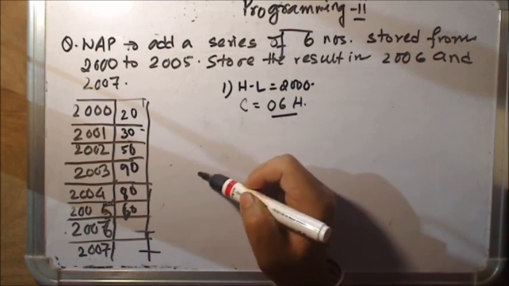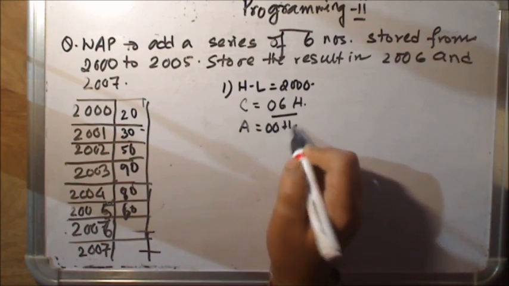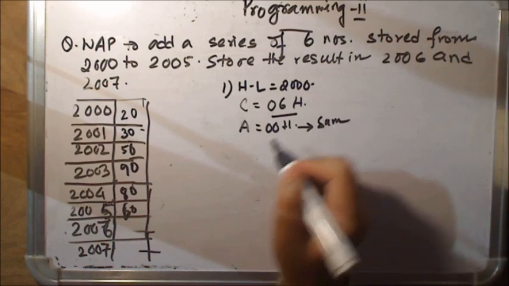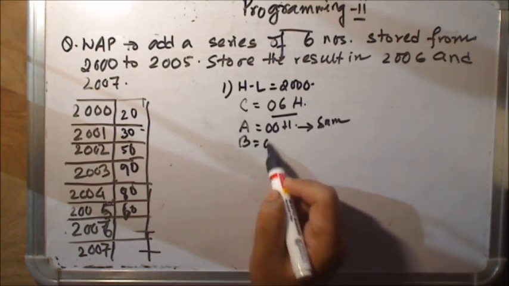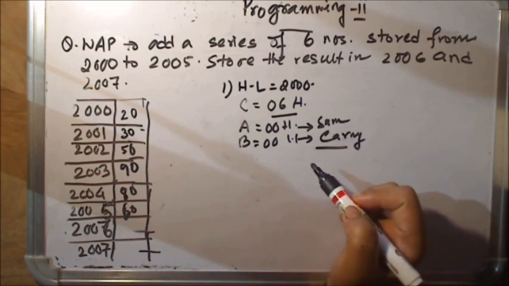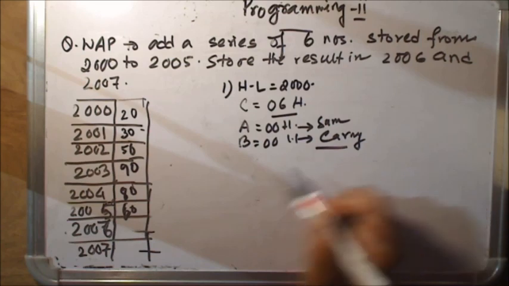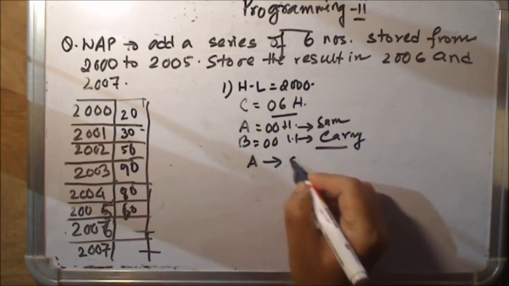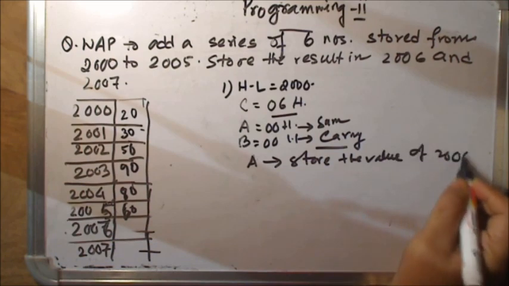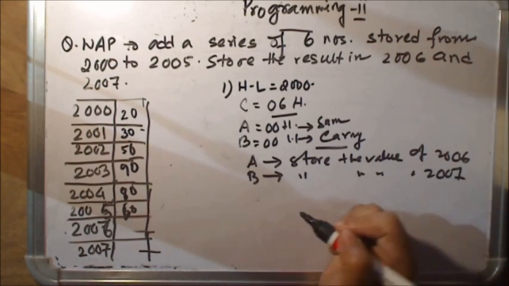Initialize register A with 00H, which will store the sum, and initialize register B with 00H, which will store the carry. A will store the value of 2006, and B will store the value of 2007.